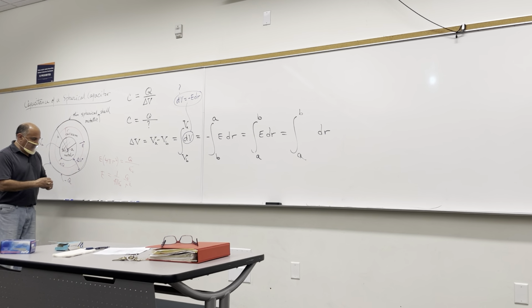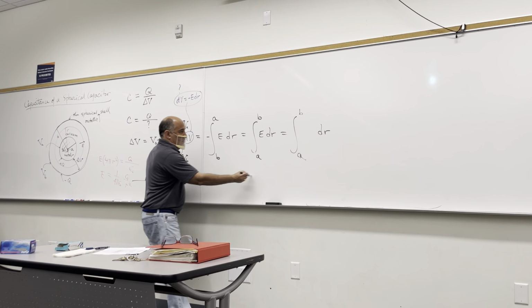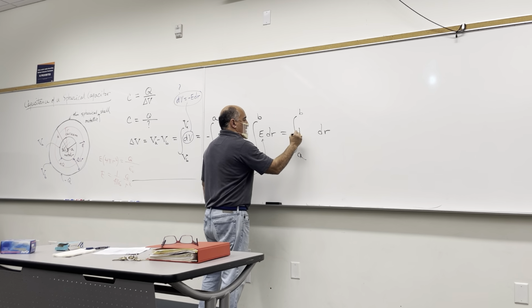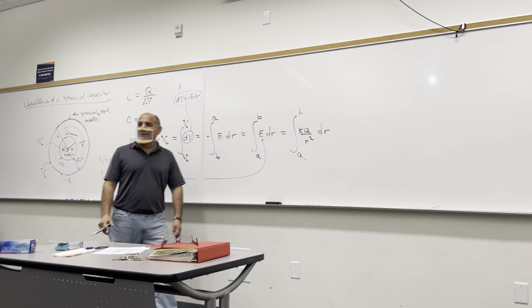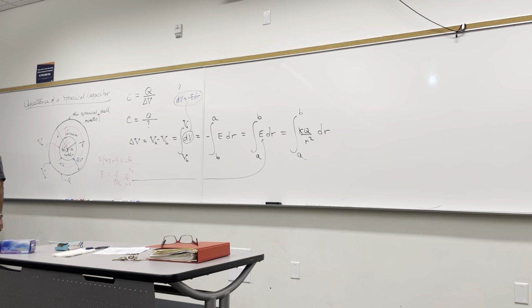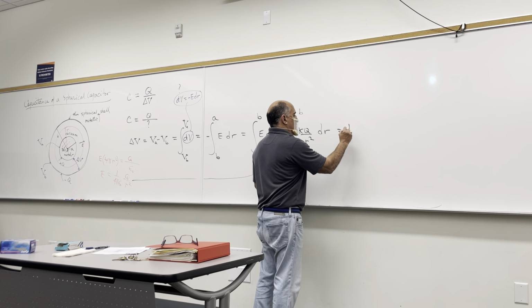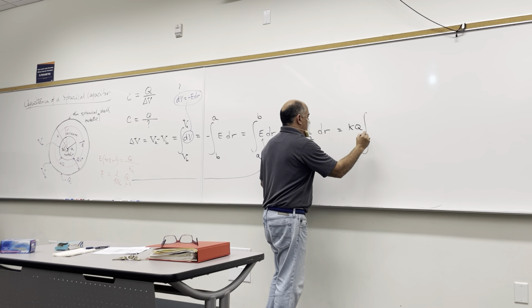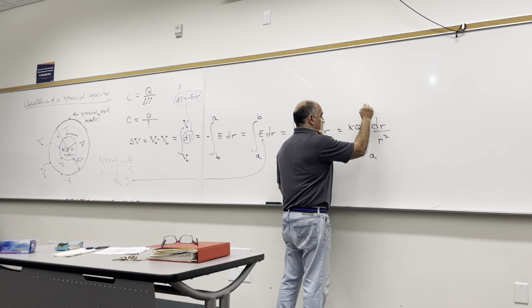And that electric field goes in here. So if I write it as KQ over R squared, I don't have to write 4 pi epsilon naught. I'd rather just write K than 4 pi epsilon naught. One letter as opposed to 3 quantities. KQ is a constant, right? And what is this integral equal to, from A to B?